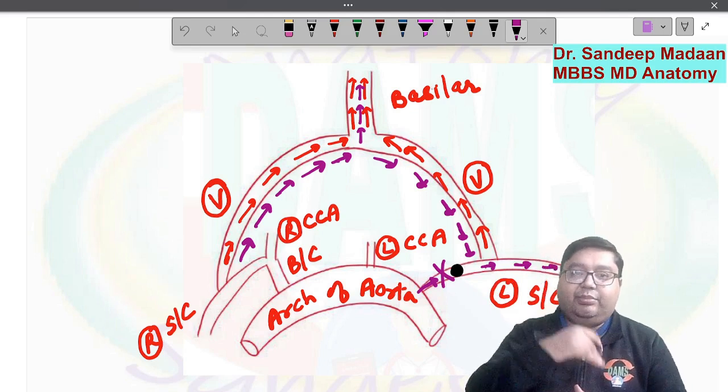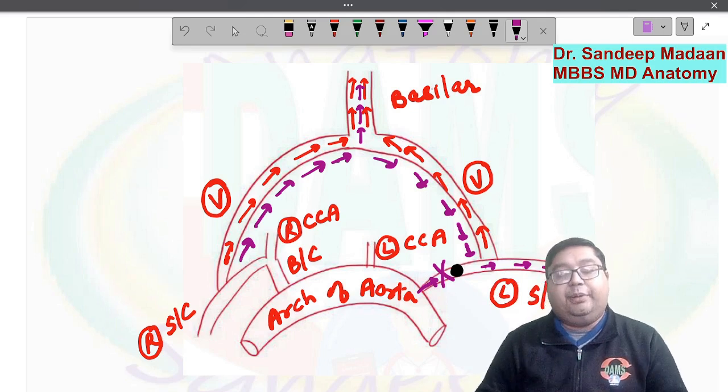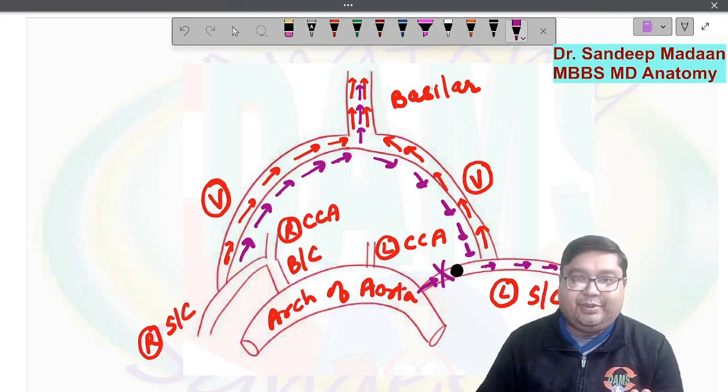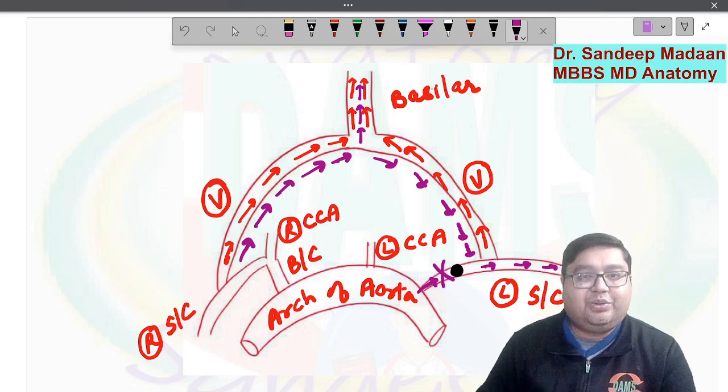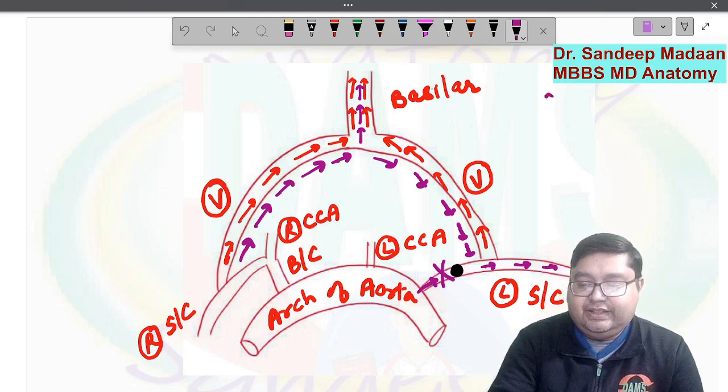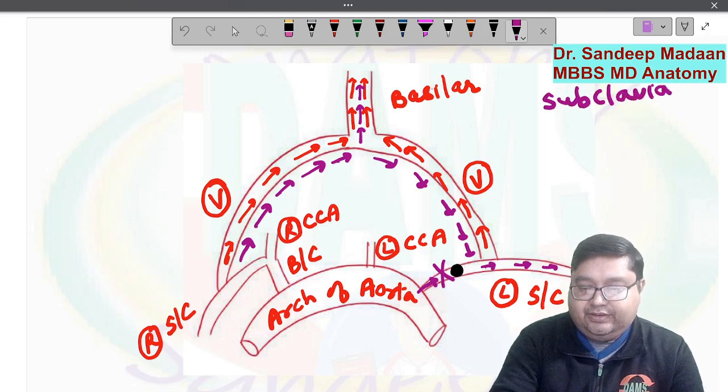This is how the blood will be reaching over here. But the subclavian is using the blood which was meant for the cerebrum, as if the subclavian is stealing the blood. That is why it is called subclavian steal syndrome.